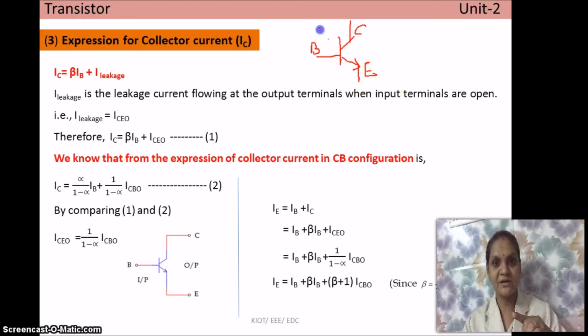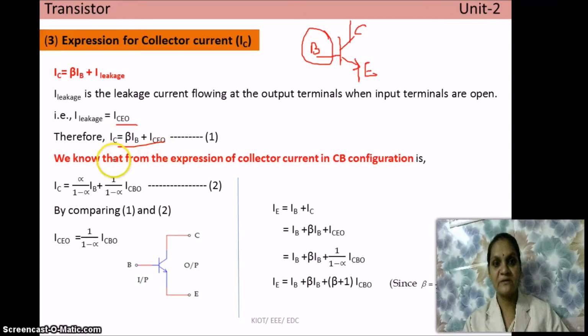The base is the input, so the base is open. So I can write the leakage current as ICEO, because C is the output terminal which is reverse biased and O means the terminal on the input side is open. So I can rewrite the expression as IC equal to beta into IB plus ICEO.